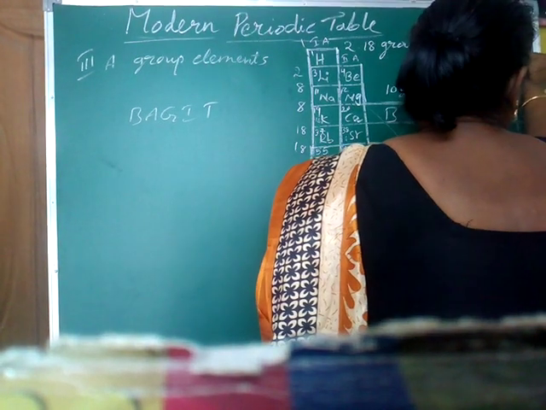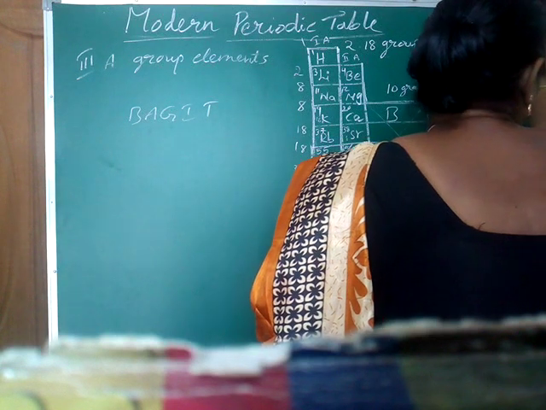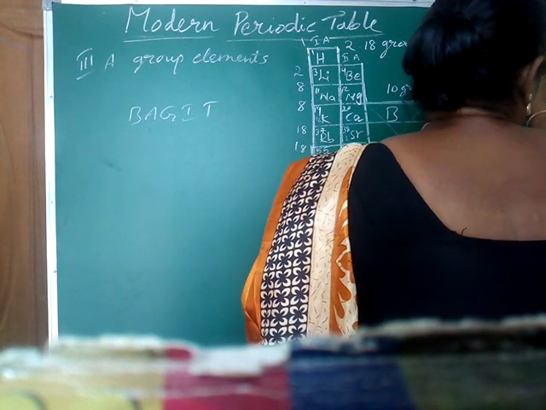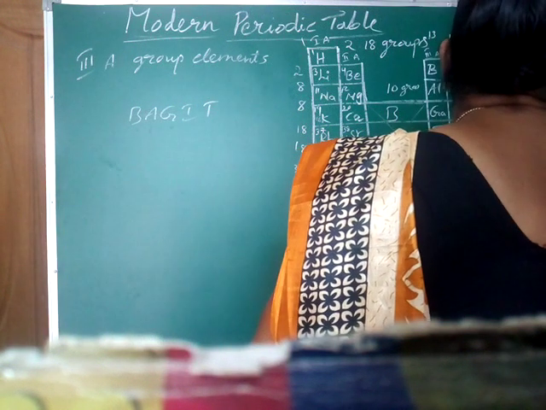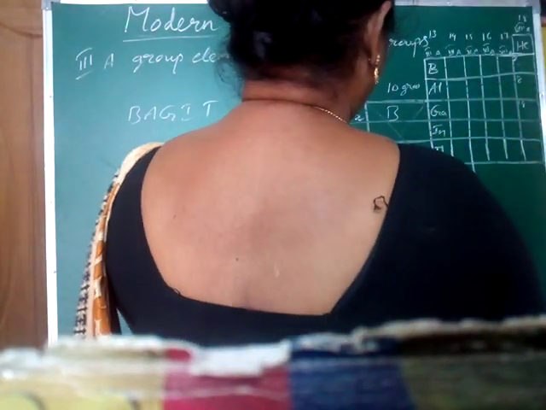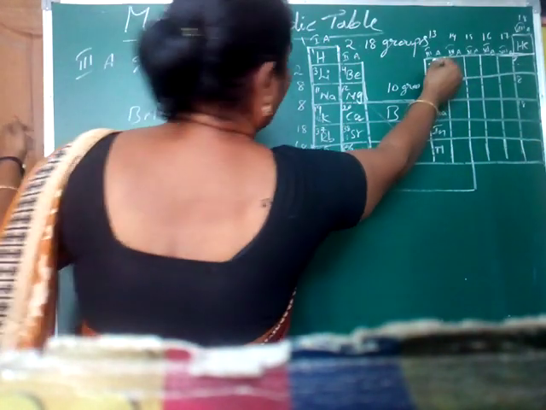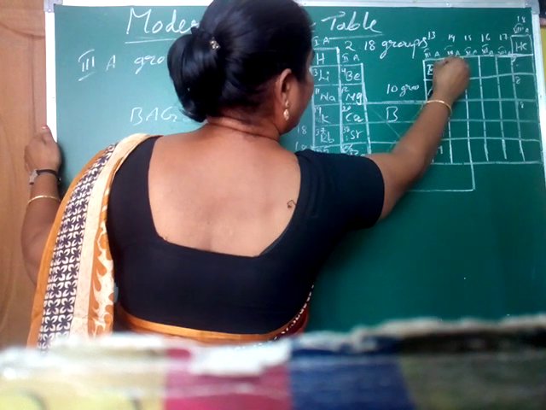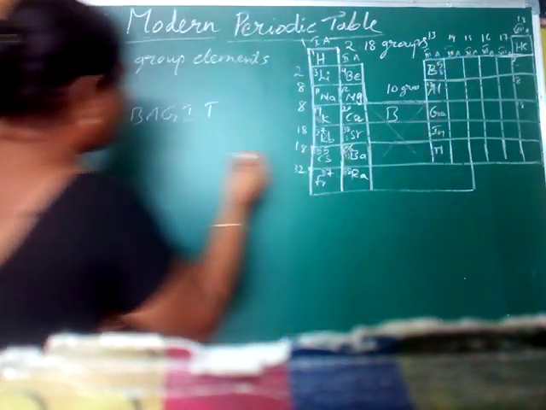If you add 8, that means helium, 2 plus 8, you will get 10. Then after that you have to add 8 again, and then after that 18. That means if you add 8 to boron, atomic number 5, you will get 13, the aluminium atomic number.